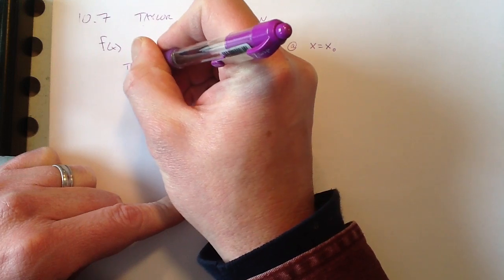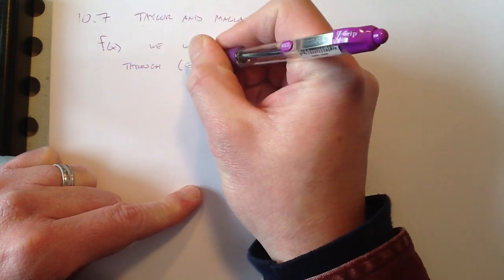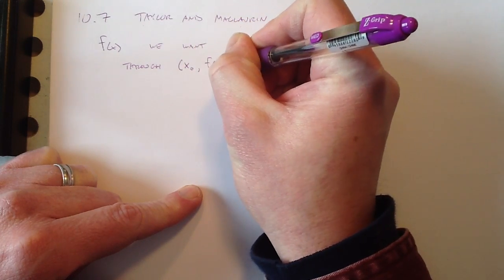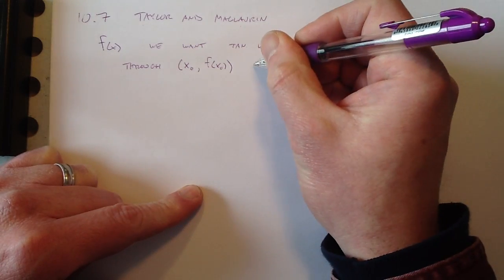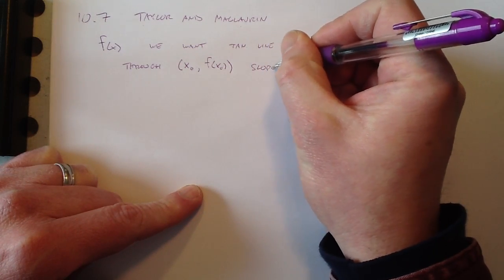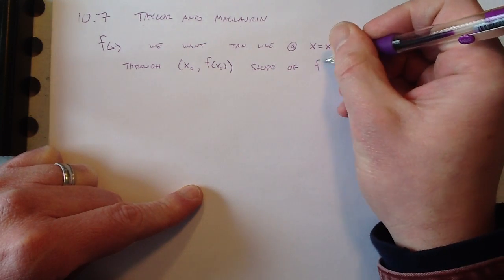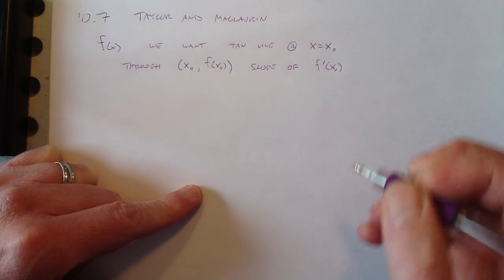It needs to go through the point x sub 0, comma, f of x sub 0, and it needs to have a slope of f prime of x sub 0, because the derivative, after all, just gives us the slope.